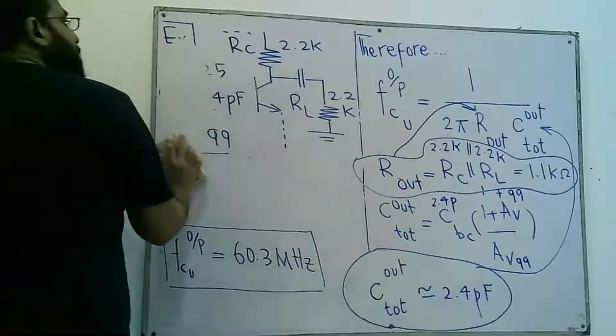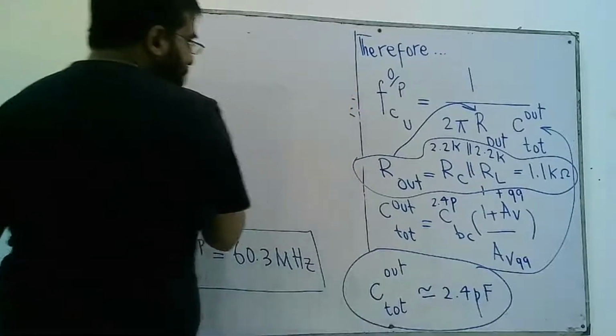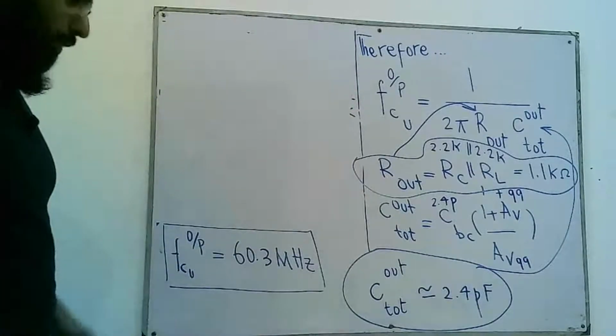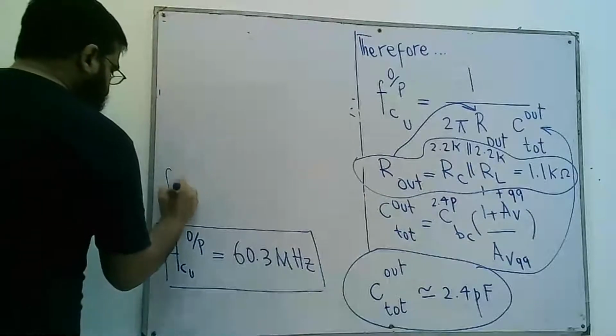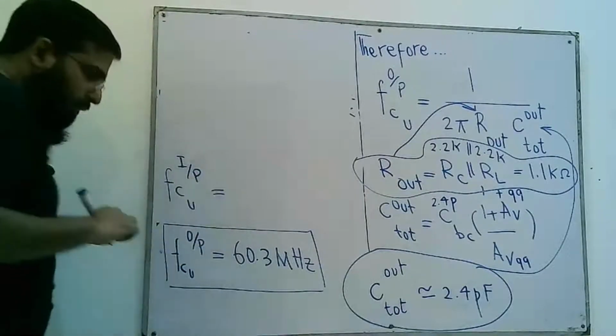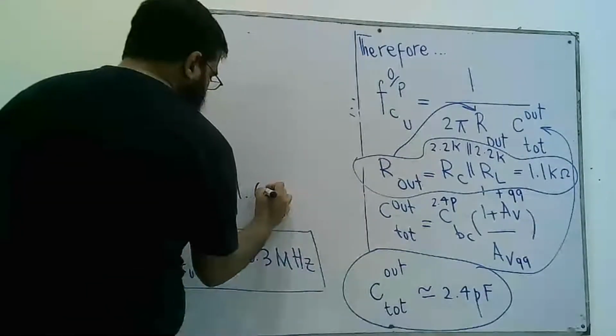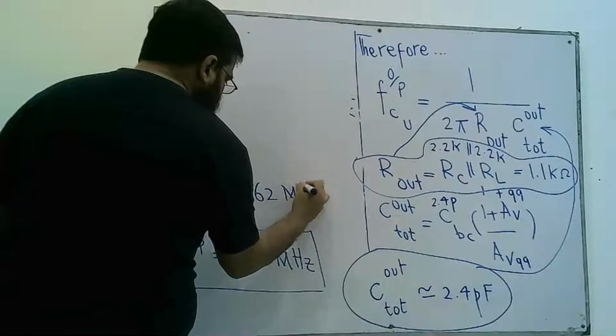Right. Going back to the last lecture in which we computed FCU due to input RC network, and if you go back and see, we computed that to be equal to 1.62 megahertz.